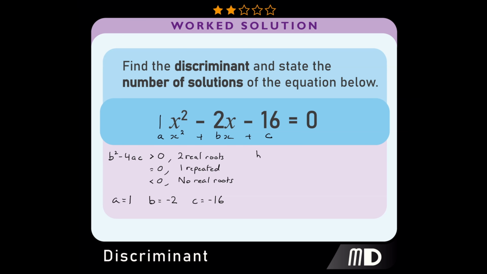The discriminant is b squared minus 4ac.